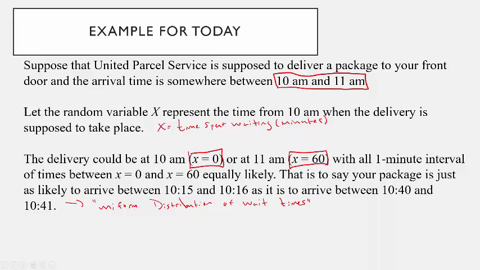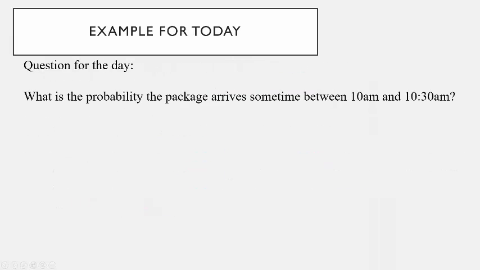I'm going to ask a question next, and this question is going to help us understand some of the definitions that come up on the next couple of slides. What is the probability the package arrives sometime between 10 a.m. and 10:30? Just recall, you could wait between 10 a.m. and 11 a.m., that's a 60-minute window.